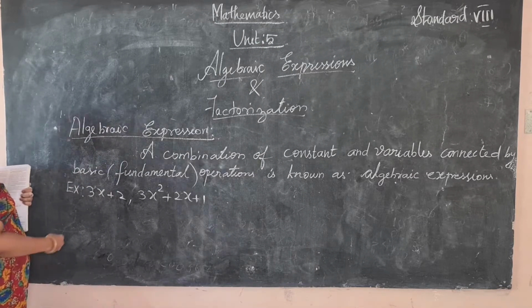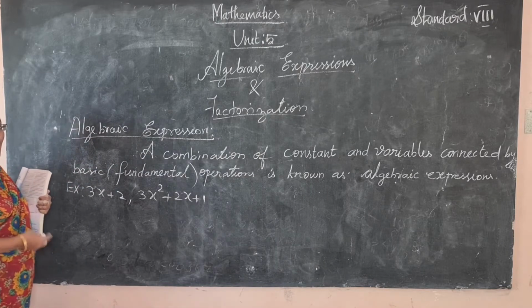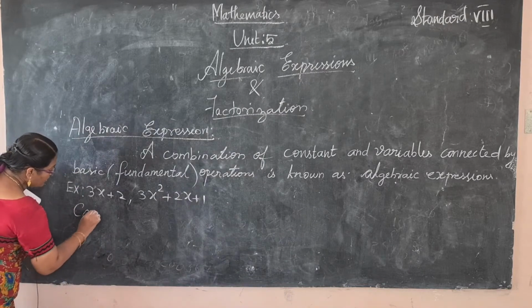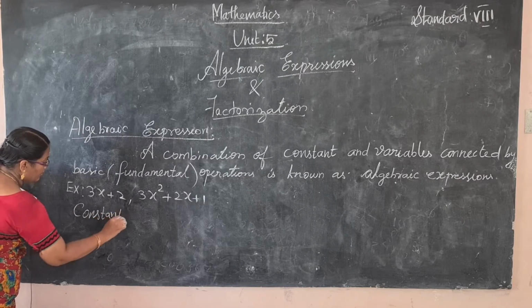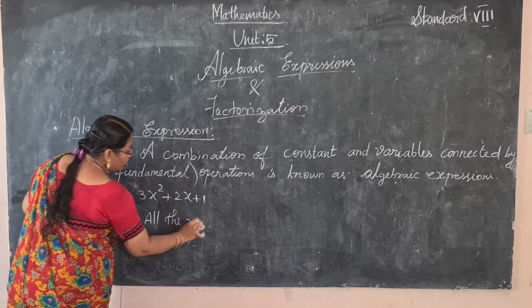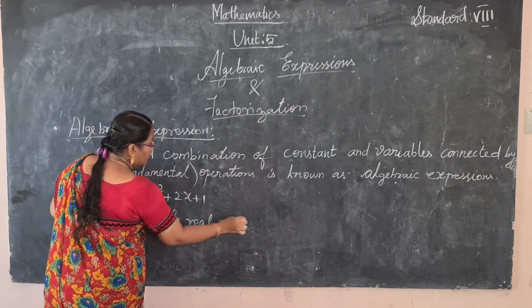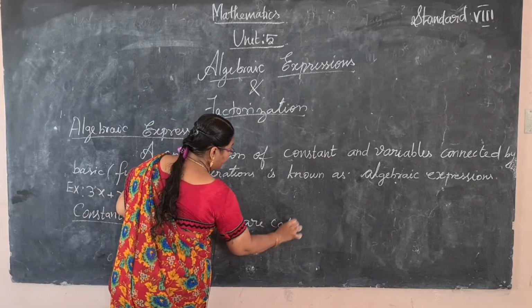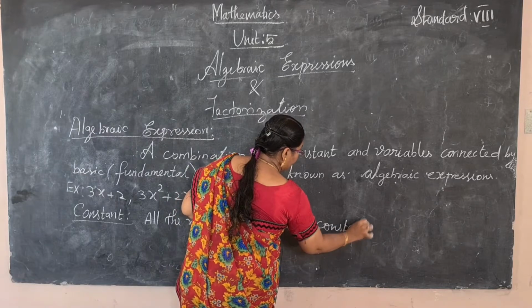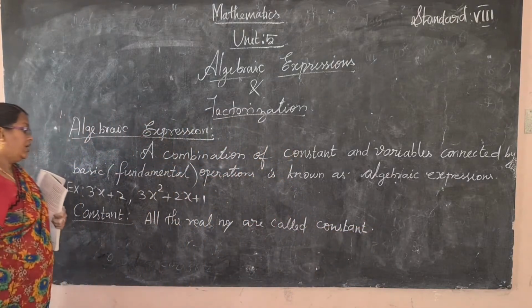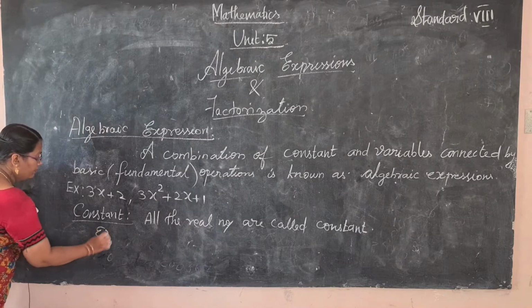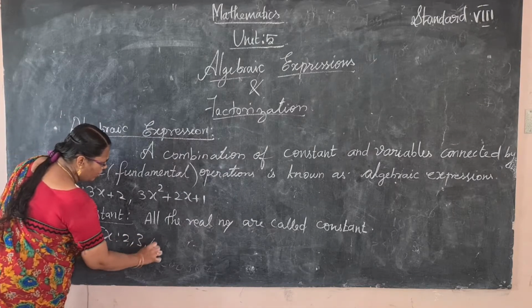Now move to the next one, constant. What is the meaning of constant? All the real numbers are called constants. Example: 2, 3, 4, 5.